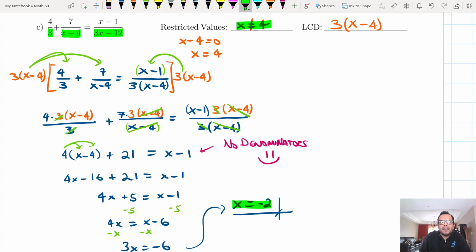So it turns out that the only restricted value is the number x equals 4, because x equals negative 2 doesn't form part of the restricted values, right? Then we call it a solution, right? So this is an okay solution. Otherwise, if for some reason we get x equals 4, well, in this case, we don't have a solution to the equation.